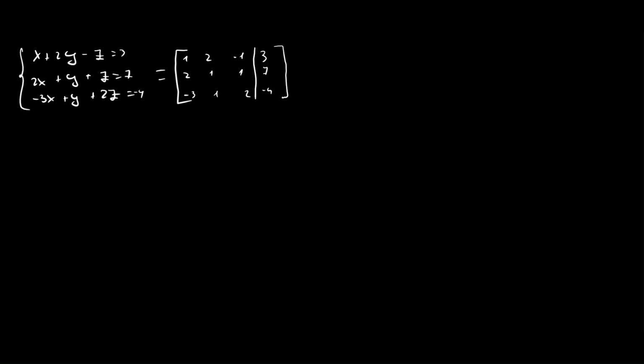So the first step we need to do is get the first pivot number in the first row as 1. In this case, it is 1 already, so we're going to go to step 2. Step 2 would be getting zeros underneath that pivot number. So in order for us to get the 0 in row 2, we have to subtract row 1 multiplied by 2 from row 2. So it's going to look like this.